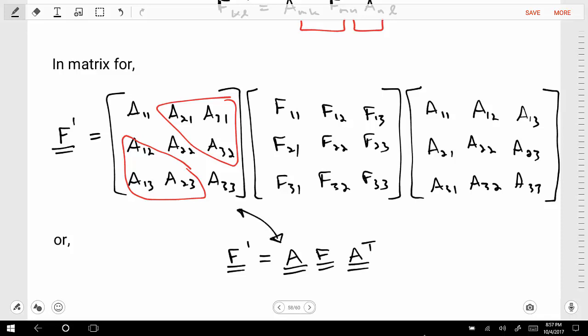Remembering that the indices of A, in the form going from our original coordinate system to the new coordinate system, are transposed. So it may seem counterintuitive, but this represents that, and that represents that.